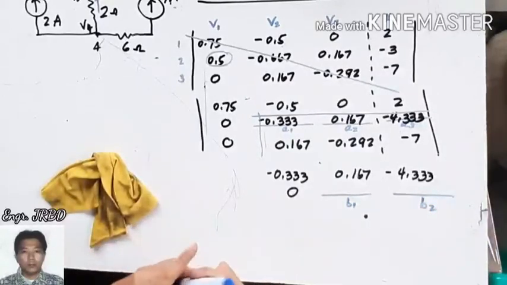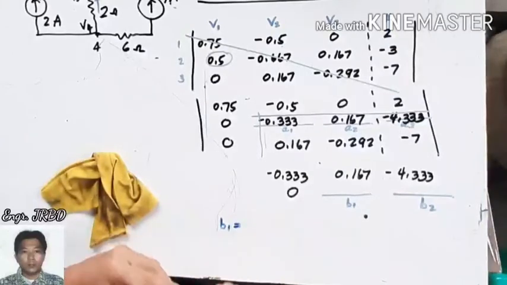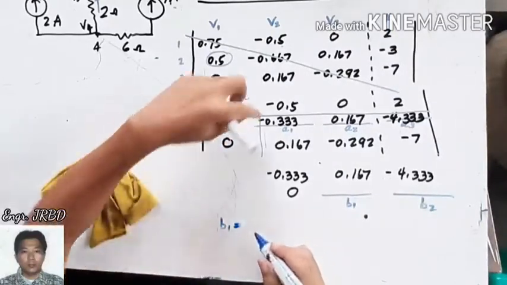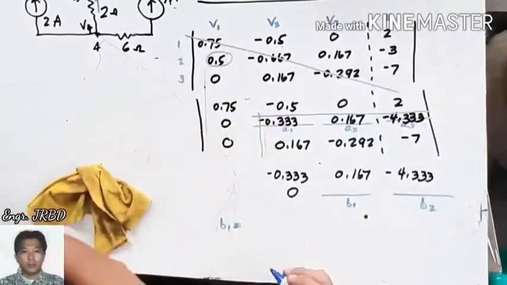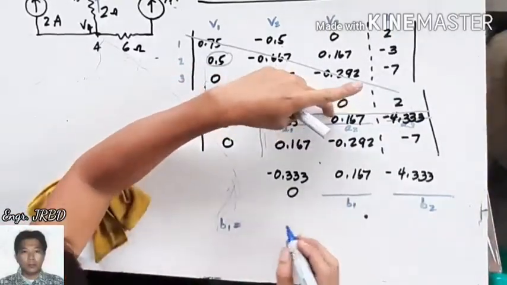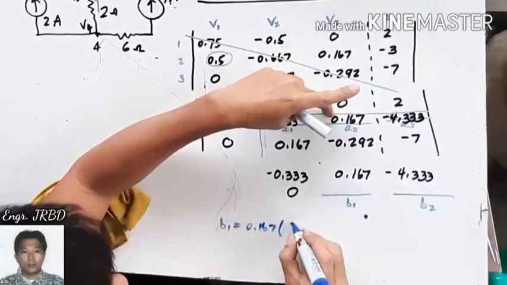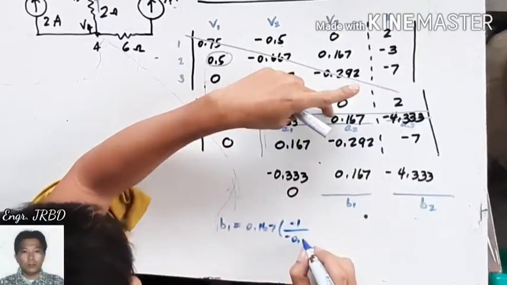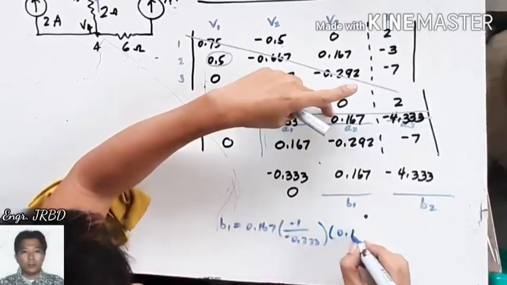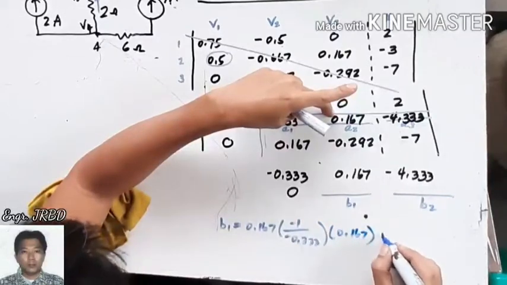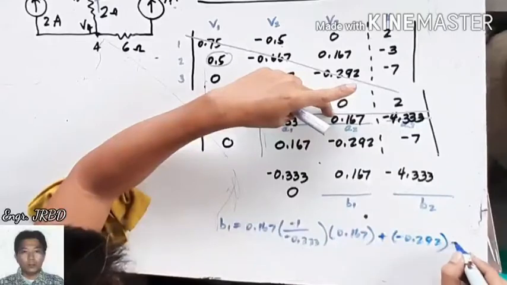Okay, the value of B1 now, your pivot element will now become negative 0.333, so this will be 0.167, correct? 0.167 times the negative reciprocal of negative 0.333 times 0.167 plus negative 0.292.